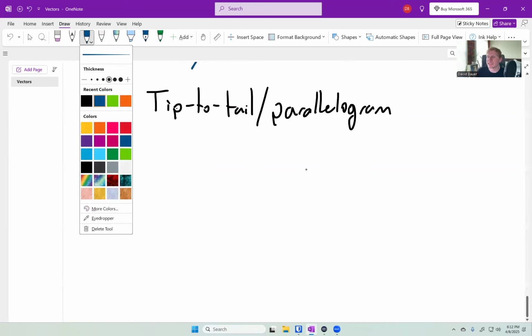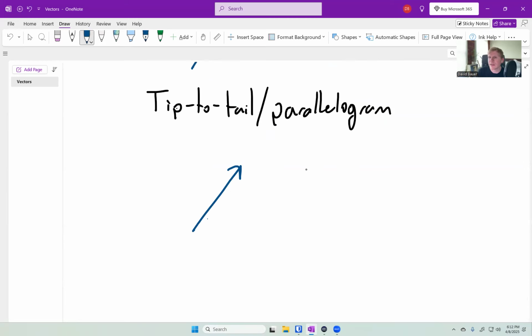What this says is I take the tail of C and place it at the tip of A, and then I draw the vector from the tail of A to the tip of C, and that gives me the sum A plus C.